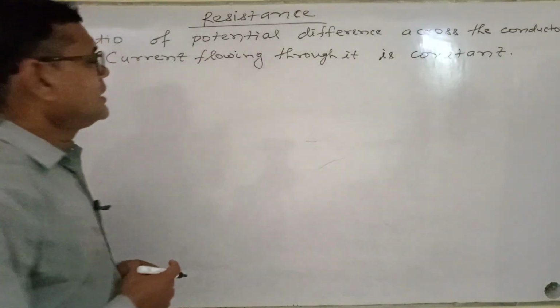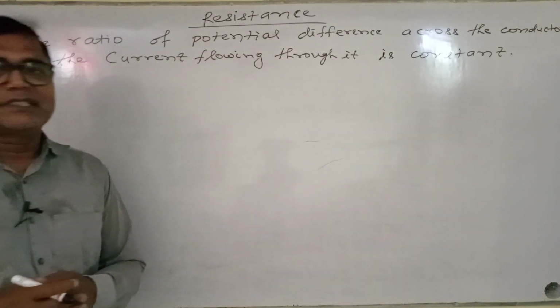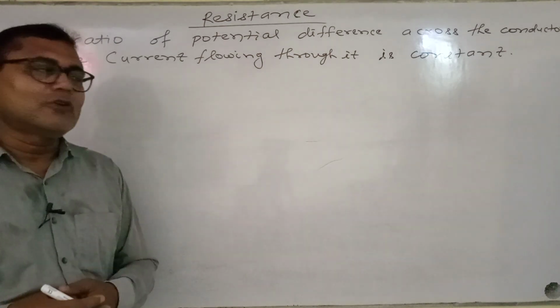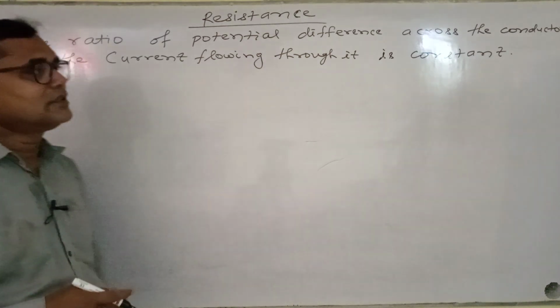We write the ratio of potential difference across the conductor to the current flowing through it is constant.